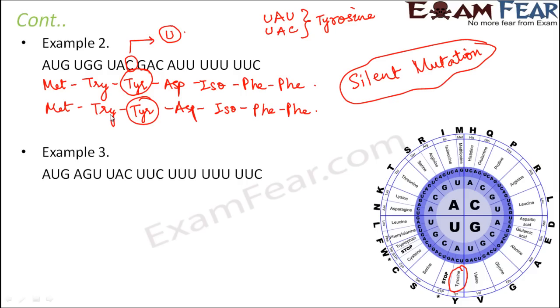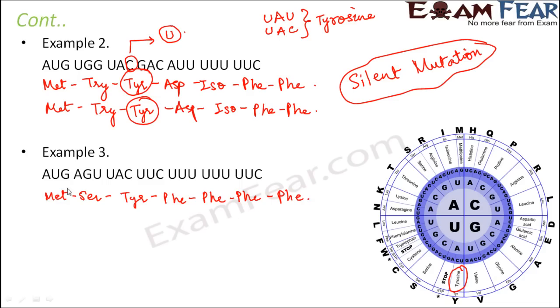Let us take yet another example. Here again let us suppose we have this sequence. If we try to find out the amino acid sequence, this is how it would be: AGU is for serine, UAC is for tyrosine, UUC is for phenylalanine, UUU phenylalanine, UUU again phenylalanine, and UUC is also phenylalanine.